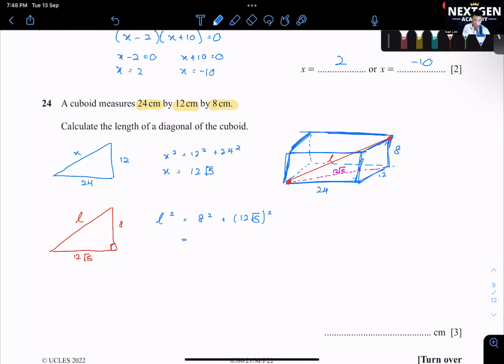So (12 root 5) squared plus 8 squared, I'll get 784. And square root it, I'll get 28 cm. Okay, so this is a 3D shape type of question.